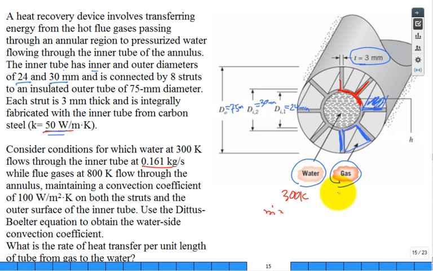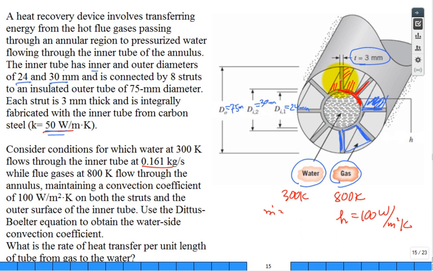And the flue gas is 800 Kelvin, flowing through the annulus, maintaining a convection coefficient on the gas side of 100 watts per meter squared Kelvin on both the struts and the outer surface of the tube. So you have convection on the outer surface of the tube that's not covered up by the strut, and then on the surface of the struts, and that's two sides of the strut.